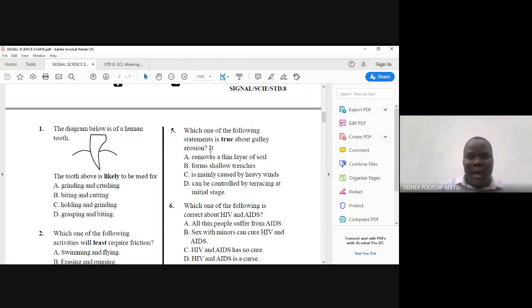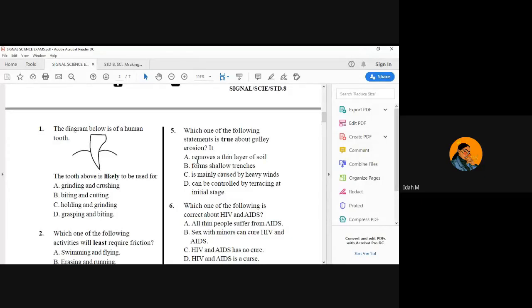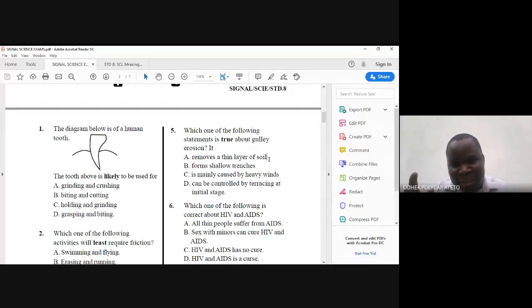So we are now being asked what is true about gully. So if we get one, we say which one is it? Read it, Ida. A: removes a thin layer of soil. That cannot be correct because, my friend Ida, listen. There is nothing that is not correct in science.